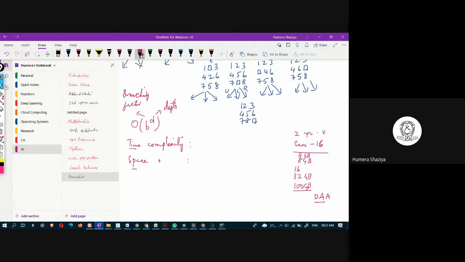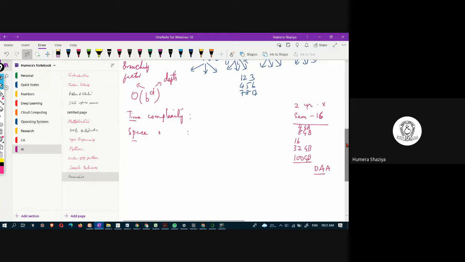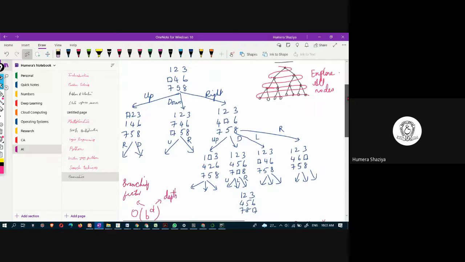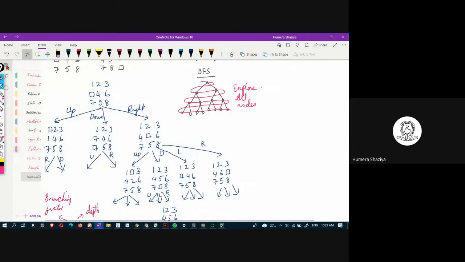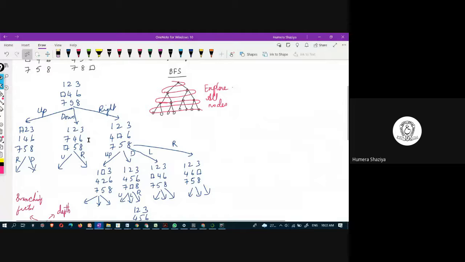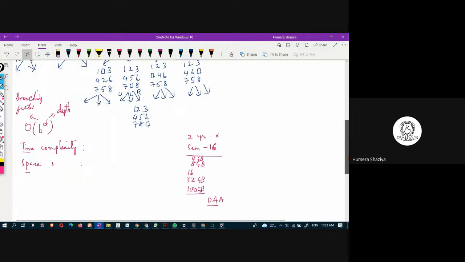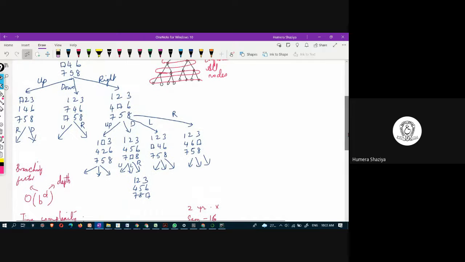For that, please understand how many moves are possible. First, let us understand branching factor. Branching factor is about how many nodes could be generated from each node. How many nodes can we generate from each node? Here we see we could generate 3. This is 1, 2 and 3.